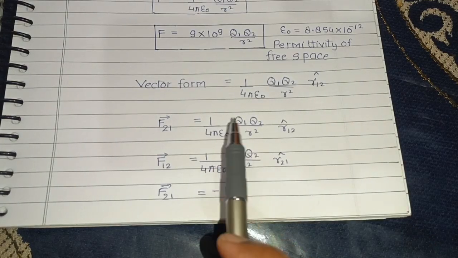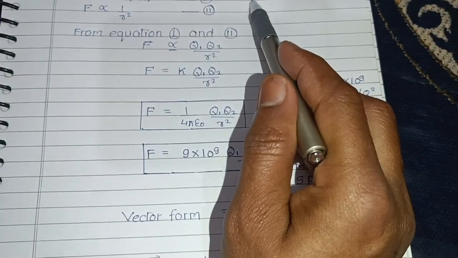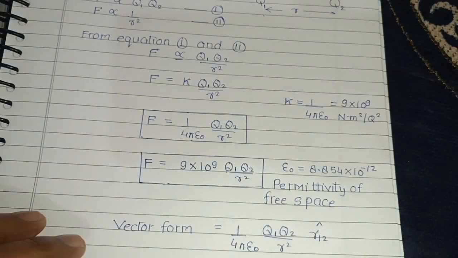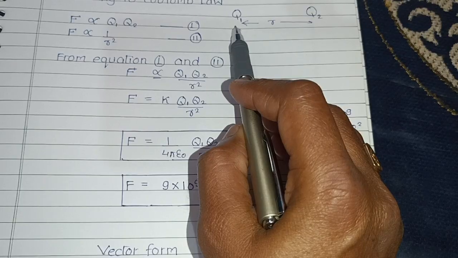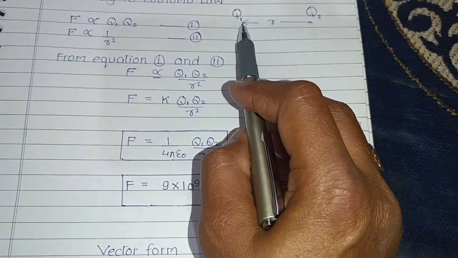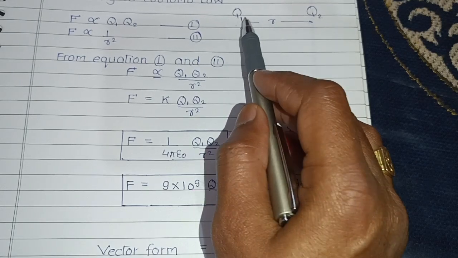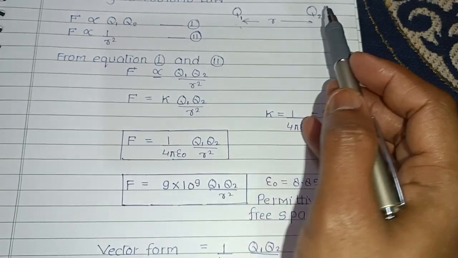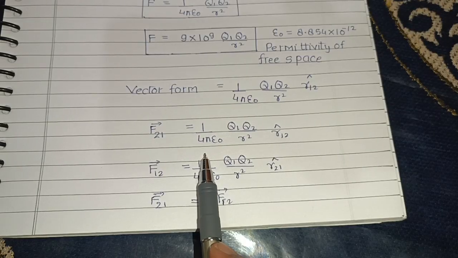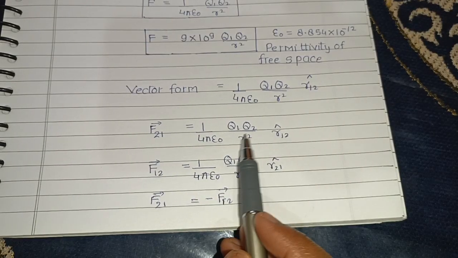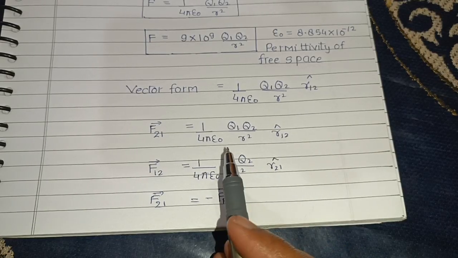When charge q1 applies force on this q2, the force will be 1 upon 4 pi epsilon naught q1 q2 by r square times the unit vector. This is called the unit vector.